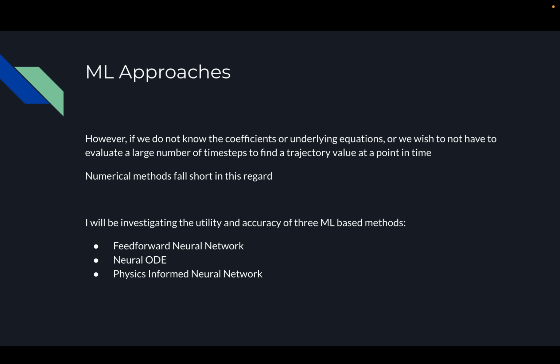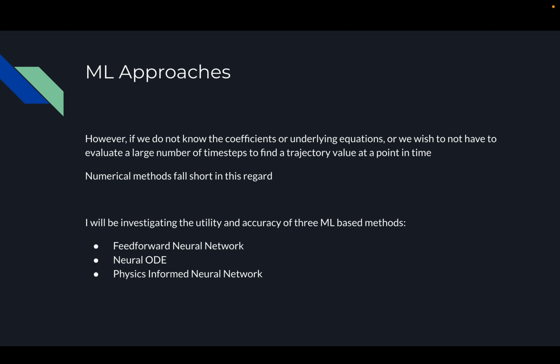As such, I ended up training 3 machine learning based approaches to solve the unforced and forced Van der Pol oscillator. A traditional feed-forward neural network, a neural ordinary differential equation, and a physics-informed neural network.